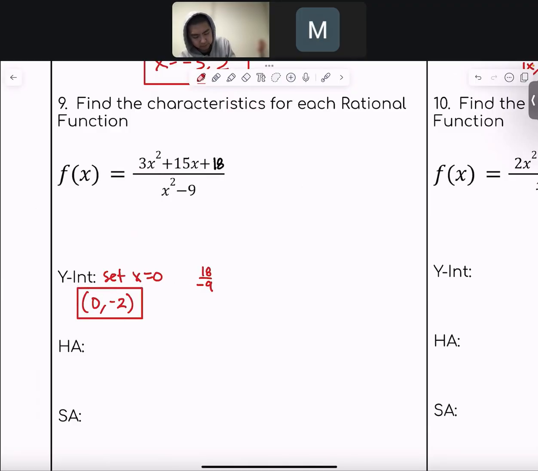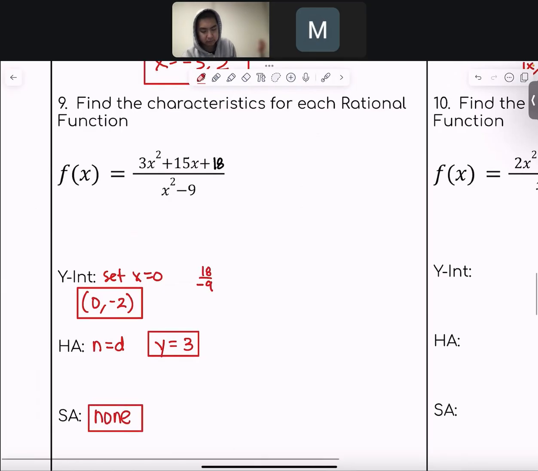So 0, comma, negative 2. The horizontal asymptote's the same, so the degrees of the numerator and denominator are the same, so just look at their coefficients. 3 divided by 1. So the horizontal asymptote is 3. And because we have a horizontal asymptote, that means we do not have a slant, right?